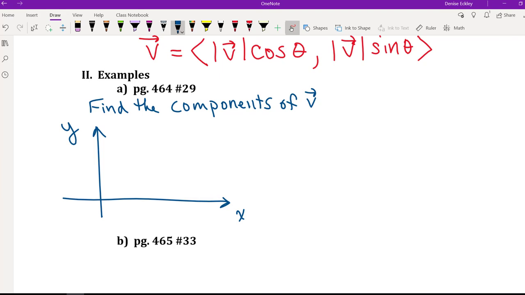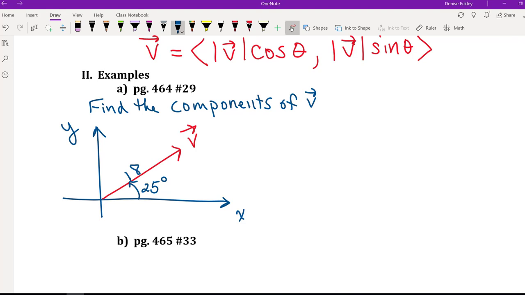Okay, so we're given a vector v, and we're told that this has a magnitude of 18, and we have an angle labeled here of 25 degrees.